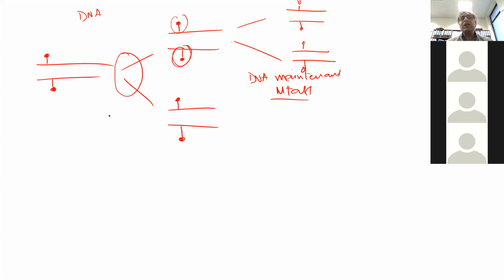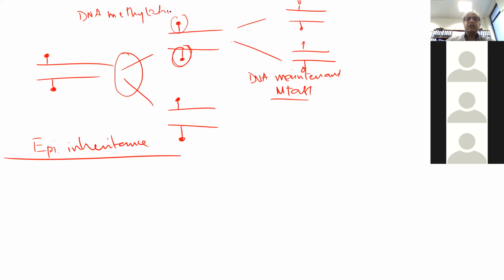So we call this epigenetic inheritance. Now, this was DNA methylation in eukaryotes. It persists in plants, it's present in mammals, but very little to rudimentary in flies, and in yeast, nothing, okay?